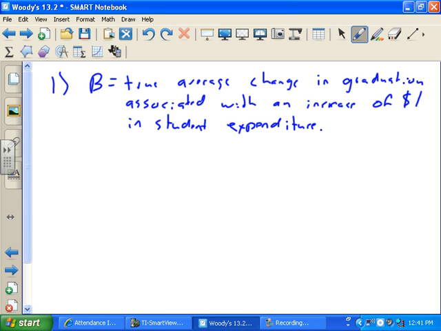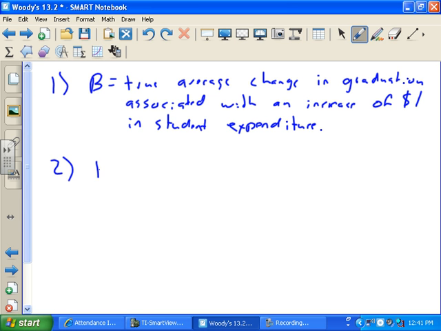Again, slope, change in y over change in x. We have a change in graduation rate compared to a change in spending. X is our spending, y is our graduation rate.